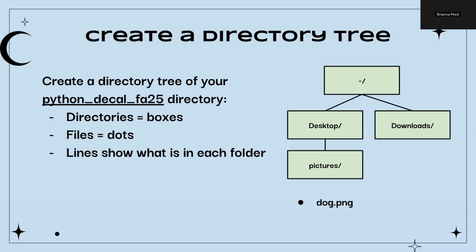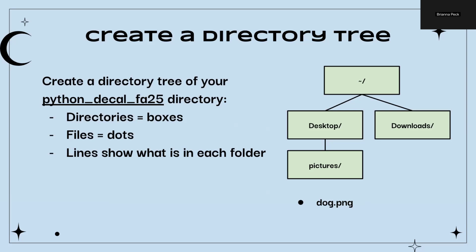Okay. You're going to want to create a directory tree for your Python DeCal directory. I'm realizing you guys, I'm guessing, don't have paper on you, right? Okay, well, just think about it, I guess.